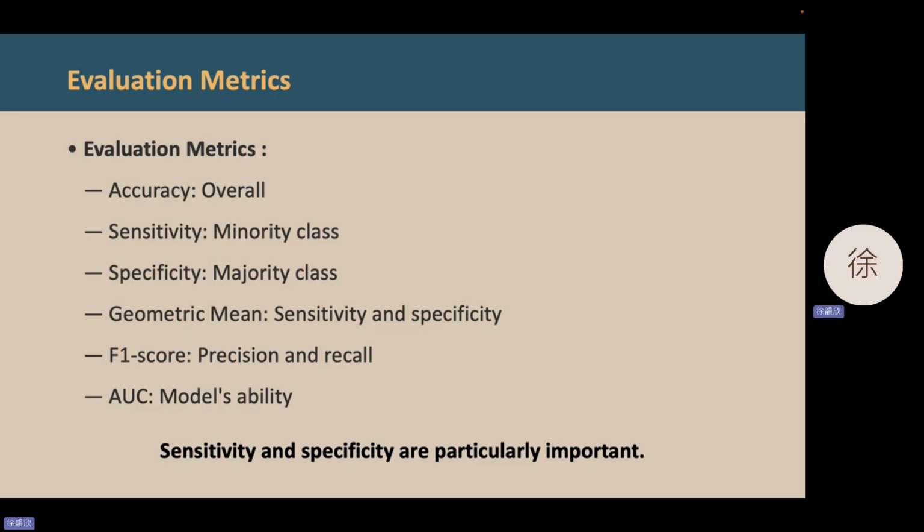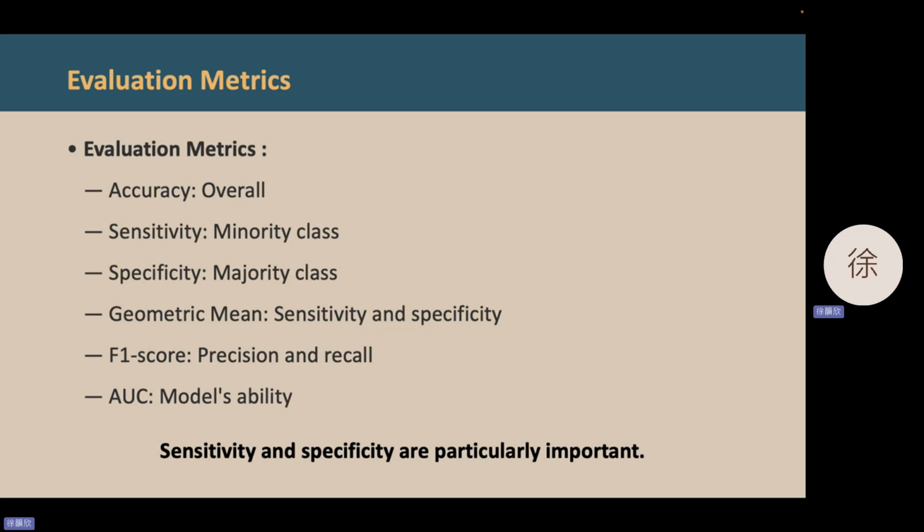And the evaluation metrics. When evaluating the performance of a model on imbalanced data, it is not enough to look only at accuracy, and other metrics need to be considered.